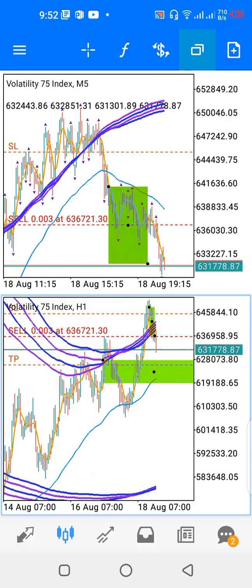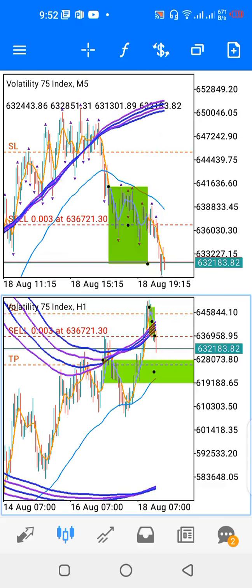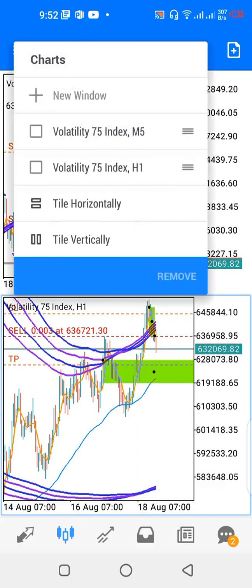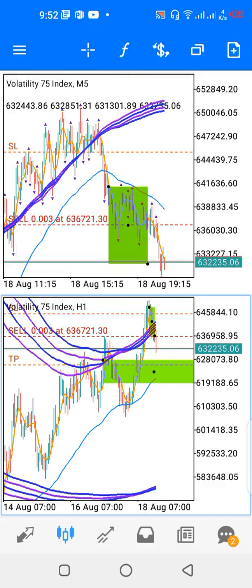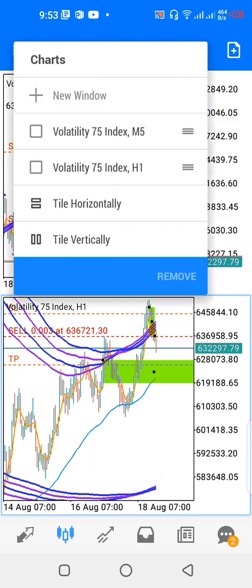You click on the window. It pops up the charts, and from here you can click the new window for you to divide the window into two. If you want to reduce the window into one, you can just highlight the one you want to remove and click the remove button on the blue panel below.